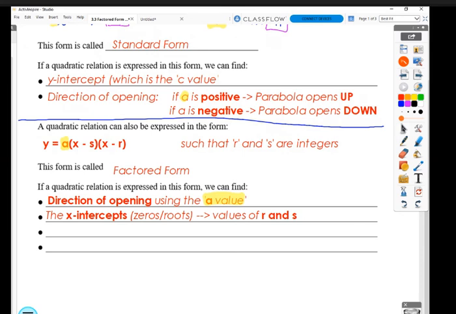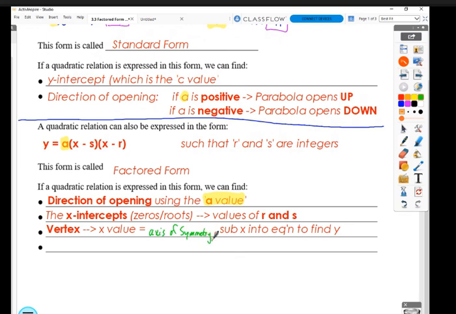What else does it tell us? Well, from the x-intercepts, because parabolas are symmetrical, if we have the two x-intercepts, we can simply solve for the vertex. We'll get the x value of the vertex, which we know as the axis of symmetry, which is really just in the middle of the x-intercepts.